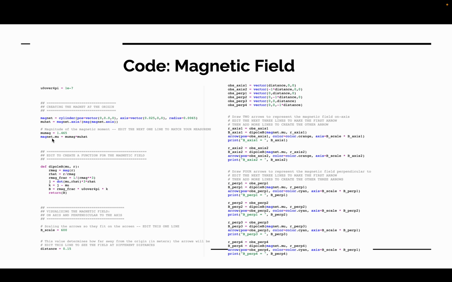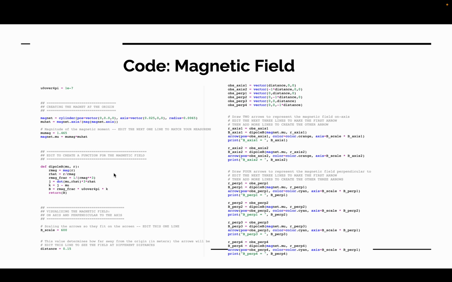So, going into the code, we have our magnetic moment here. We have a function which defines the magnetic dipole of the bar magnet at each observation point that we will be utilizing.